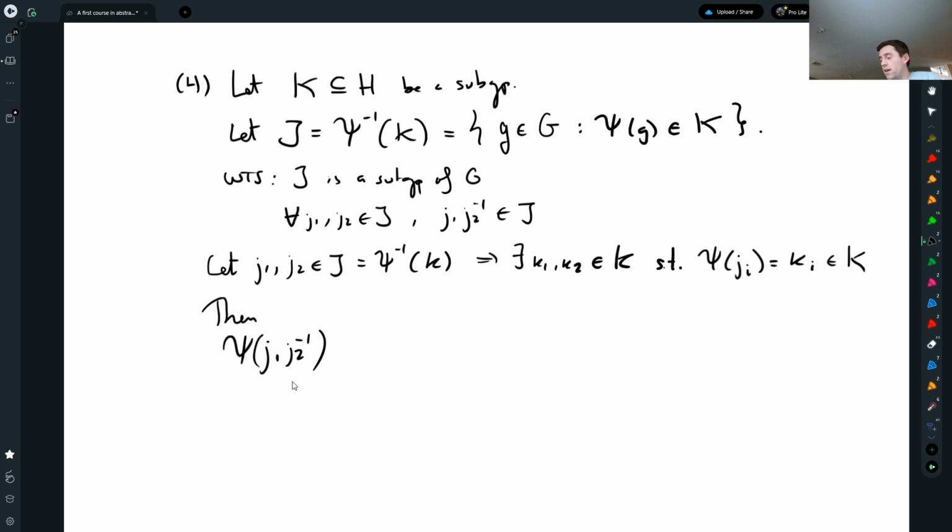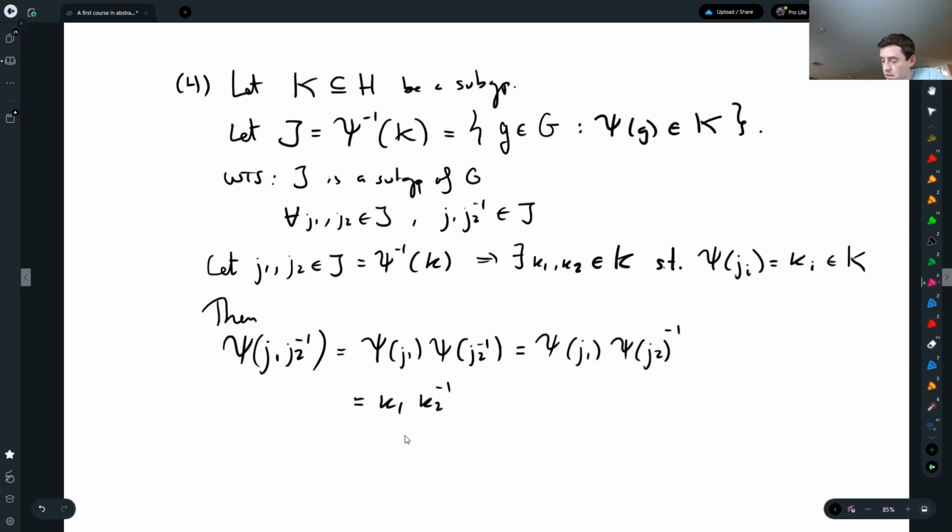I hope it lands in K. By the properties of homomorphism, this is psi of J1 times psi of J2 inverse. Again, by one of the properties we've proved, this is psi of J2, inverse. And psi of J1 is K1, psi of J2 is K2 inverse.